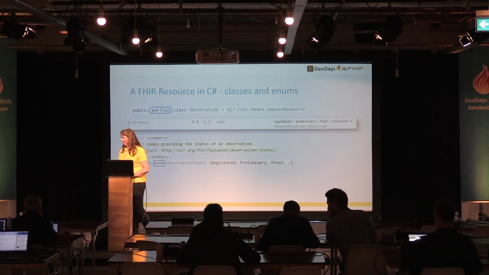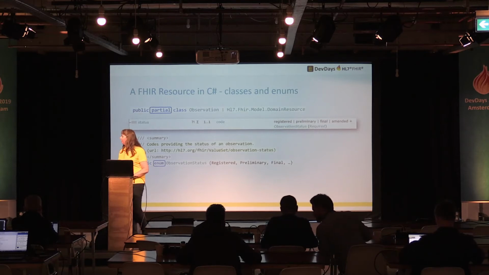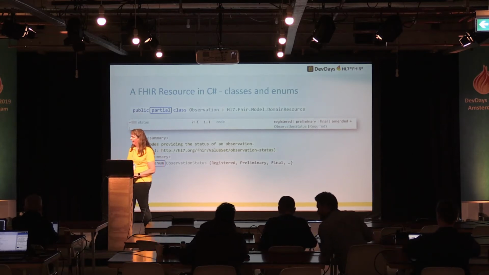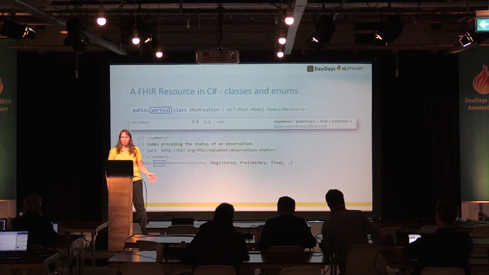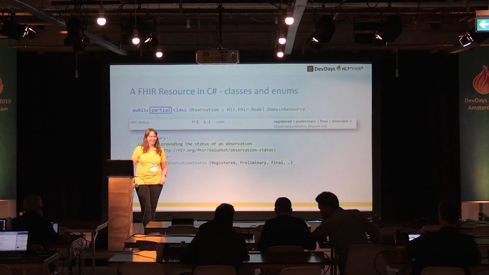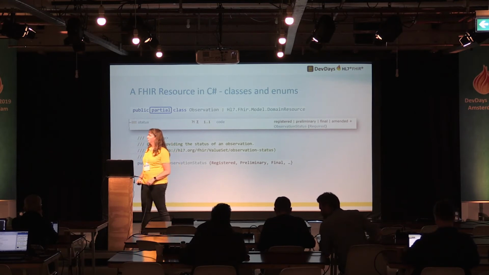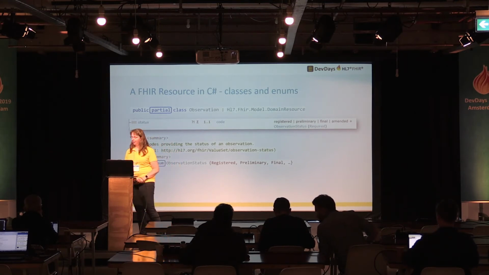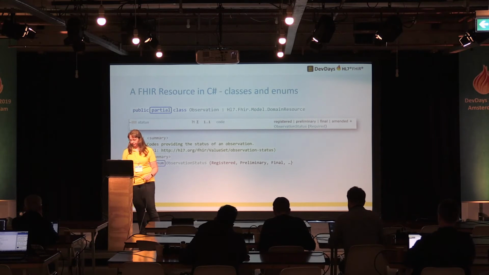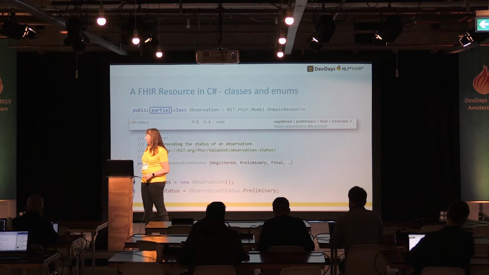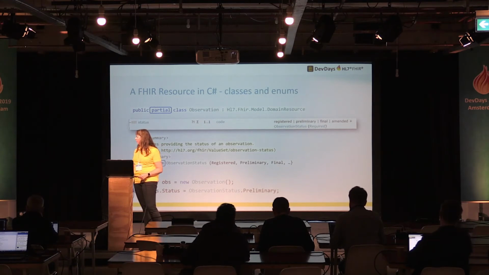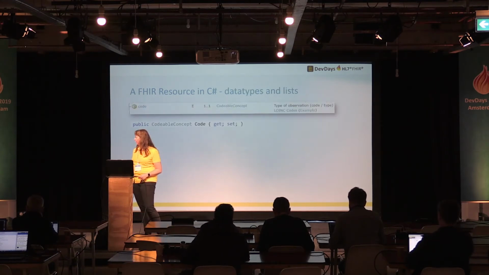You can't just fill in something else, but that's because the FHIR specification mandates that you use one of the fixed codes. That's not the library's fault, it's how we've implemented the restriction that's in the FHIR specification. And of course you can, like this, create something like a new observation and then set the status.